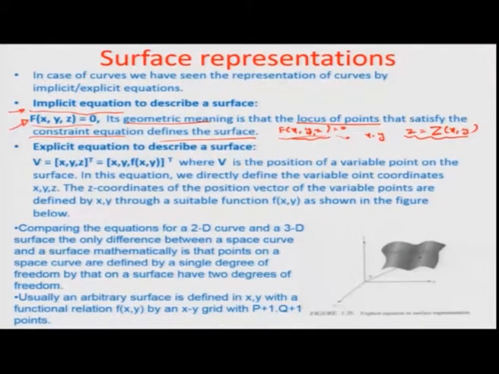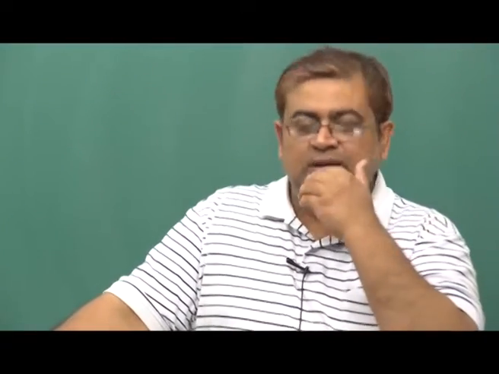So, the same thing can be written in explicit form. Remember, in the curve case we had talked about 2 different equations, for example, how x would be independently related to y and z, because in that particular case both y and z were dependent variables where x was the independent variable. In this particular case, both x and y are the independent variables, the degree of freedom is increased by 1 and z is the dependent variable.